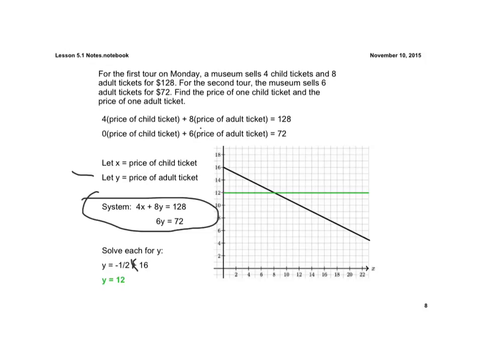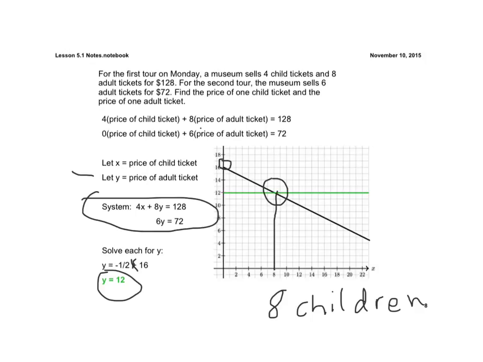So my first line, the black line, has a y-intercept of 16. I went down 1 over 2. This one was just a y, so it's a horizontal line. So then they intersect right here. And if you look at where they intersect, looks like that's 8 on the x-axis, which is 8 children tickets.